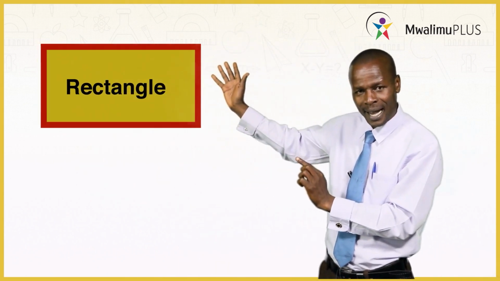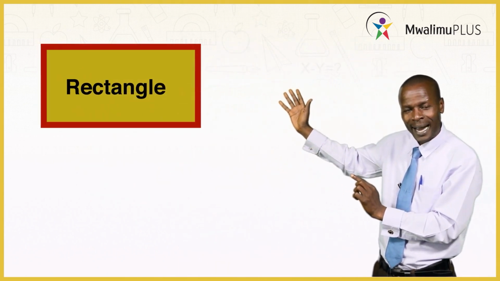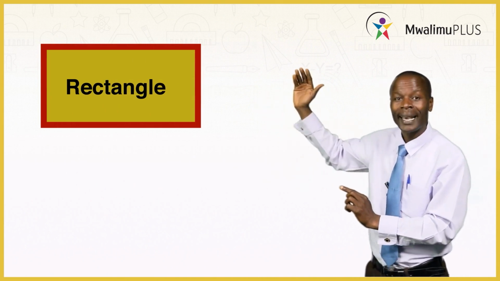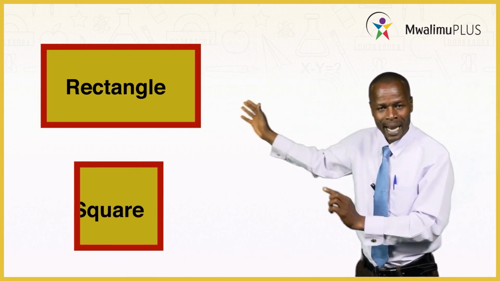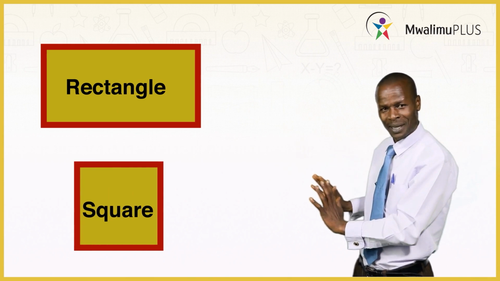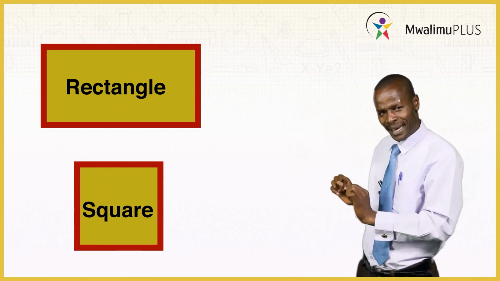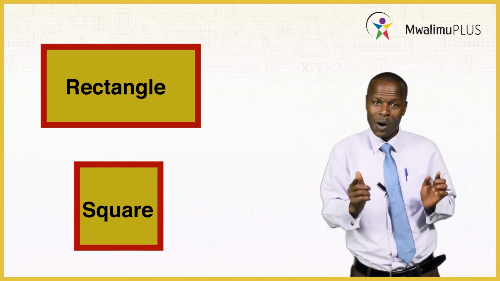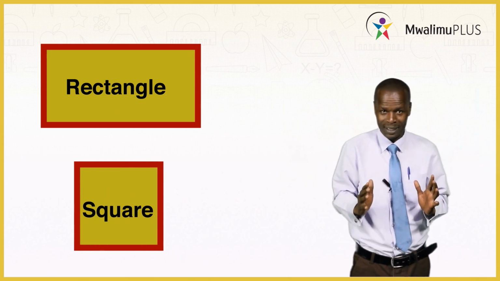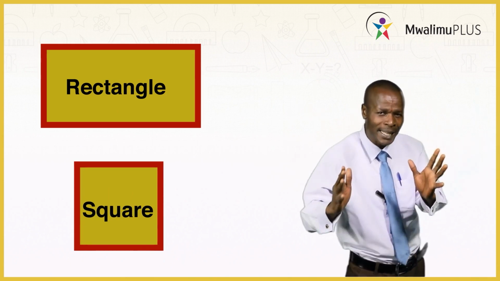A unit square is what we are going to put inside a rectangle or a square. Now, these are the shapes: a rectangle and a square. Put these shapes somewhere and then observe how we are going to put unit squares inside them.